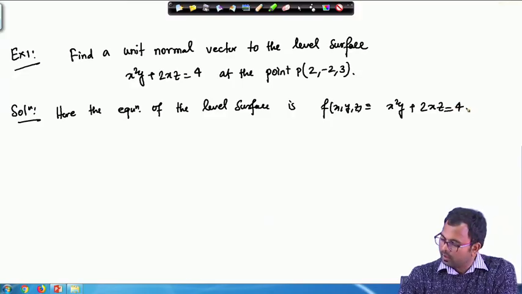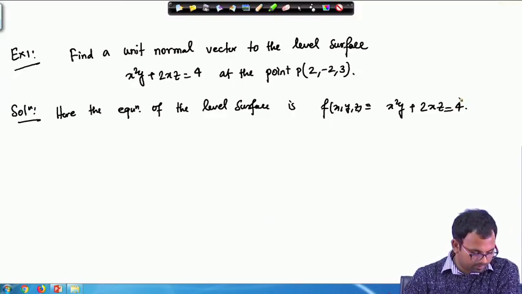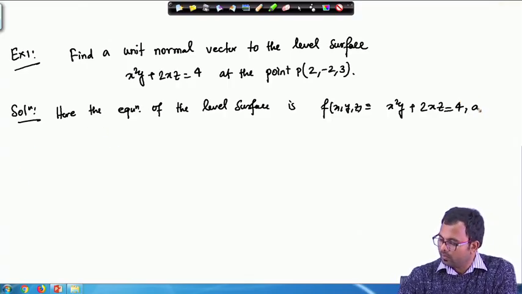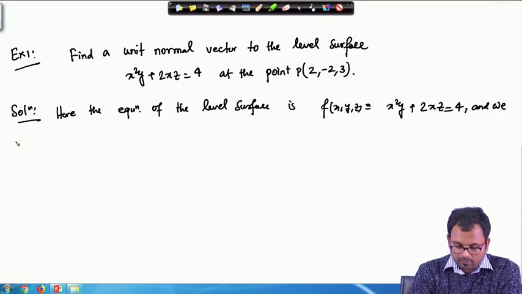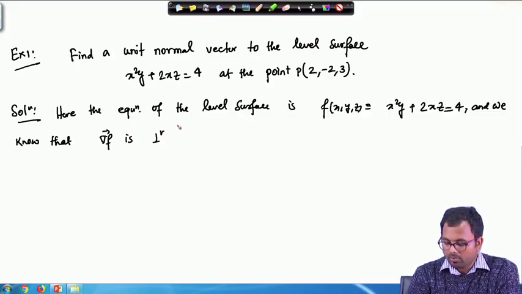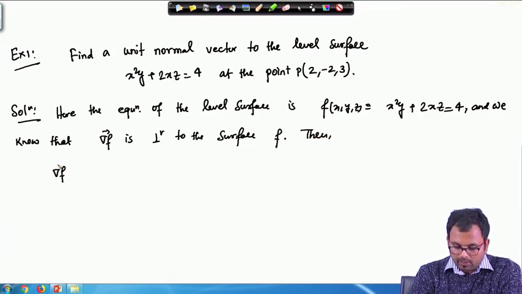And we know that the gradient of f is perpendicular or normal to the surface f, so first of all we calculate the gradient of f.